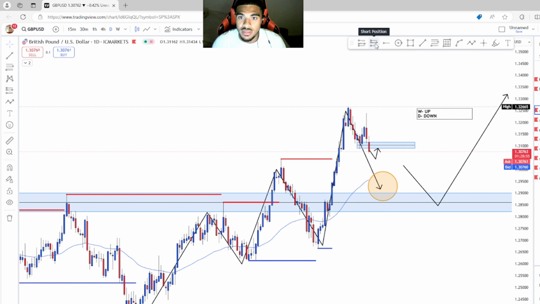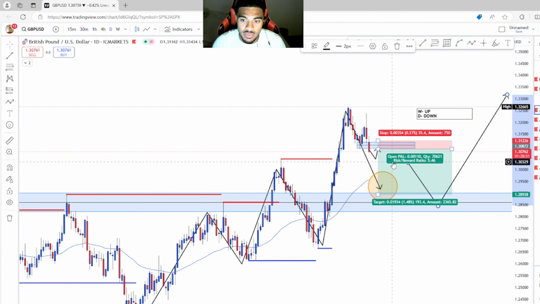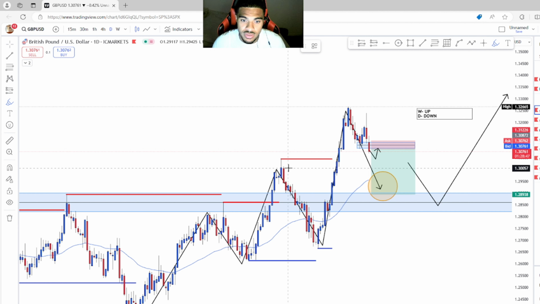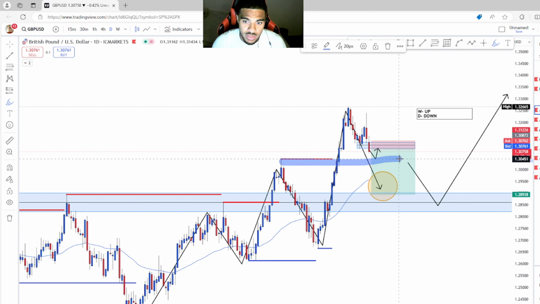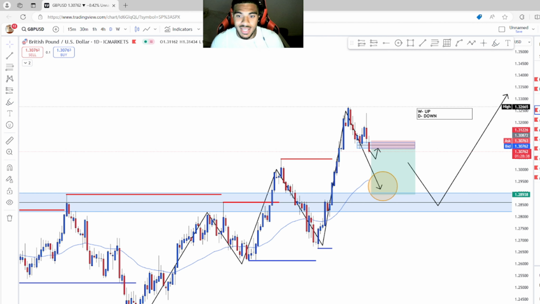If we take a sell here and put our stop loss somewhere around there, and look for a TP at the zone here, it could very easily bounce off this level and continue its way back up again. So you've got to watch out for that. That's why I don't really like taking counter trend trades.